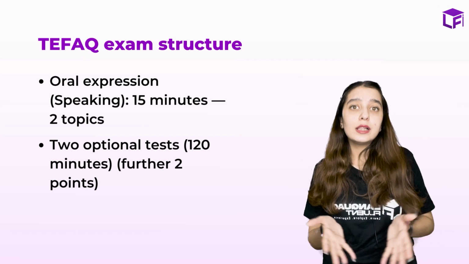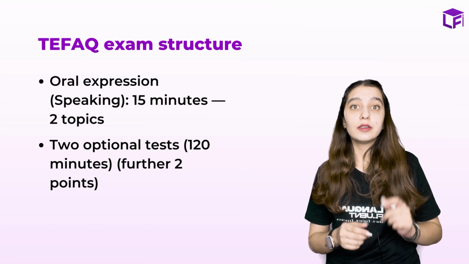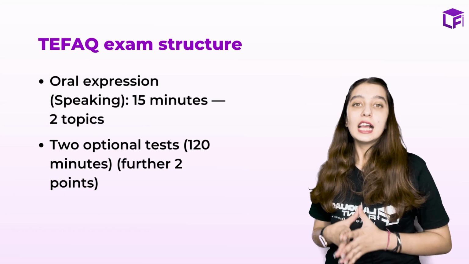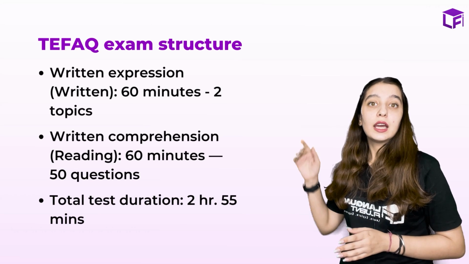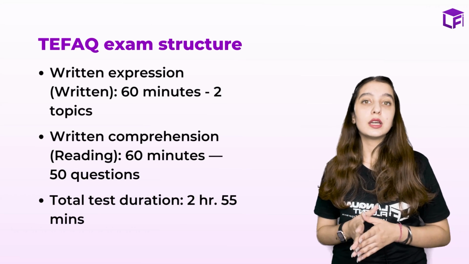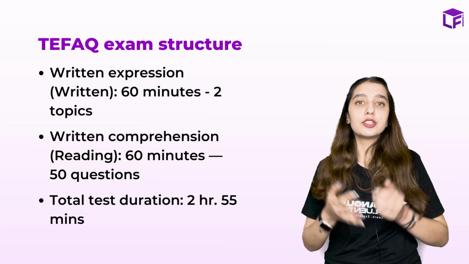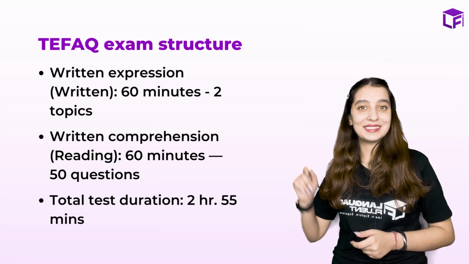Whereas all of them combined together will give you maximum of 14 points in 55 minutes total. And if you again want to take writing and reading, it's totally upon you to add 2 extra points. And the total time duration goes out to be 2 hours 55 minutes.